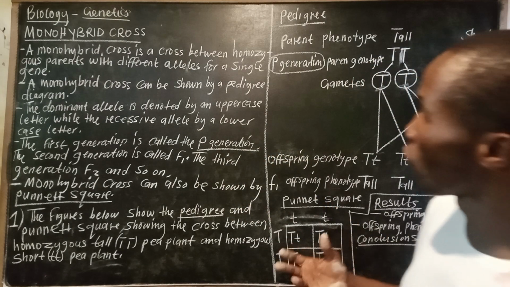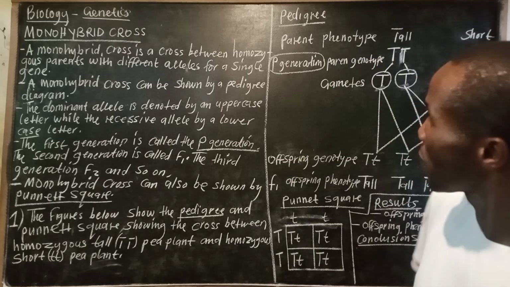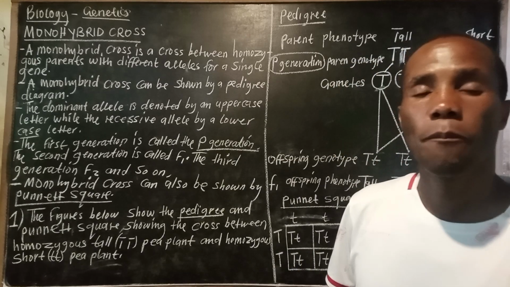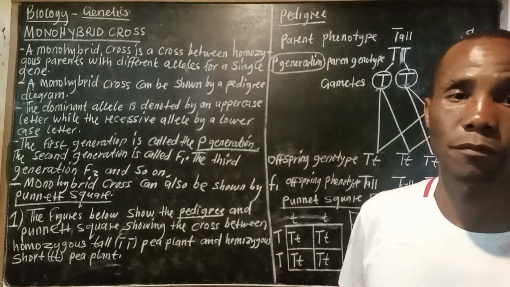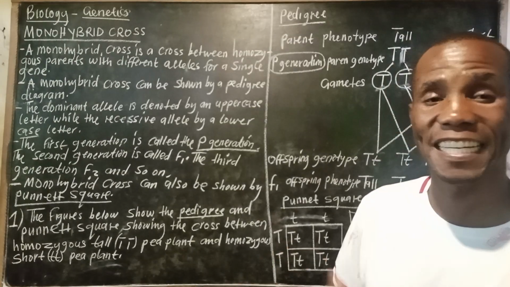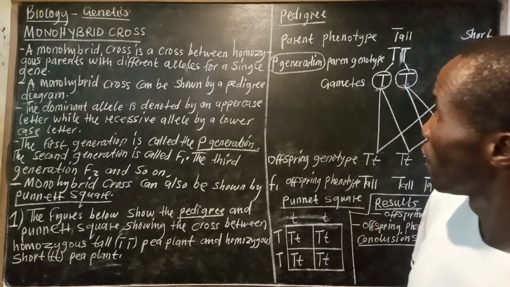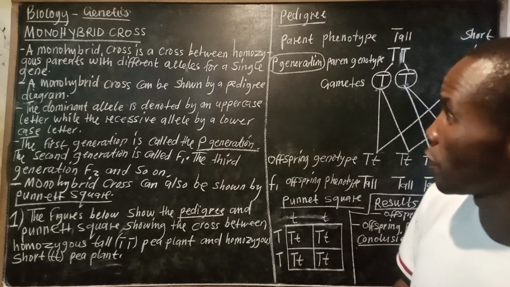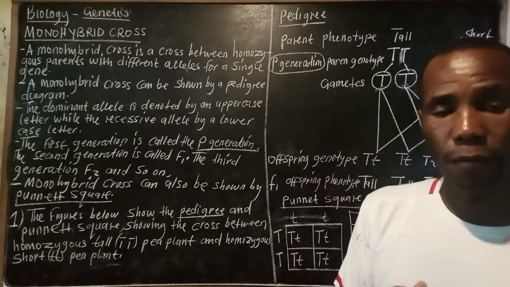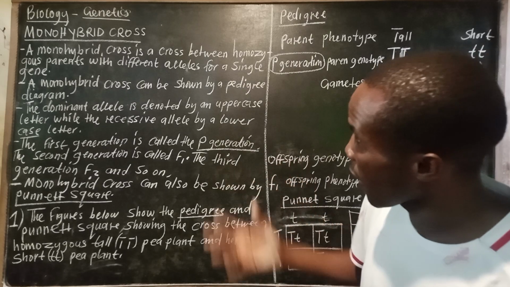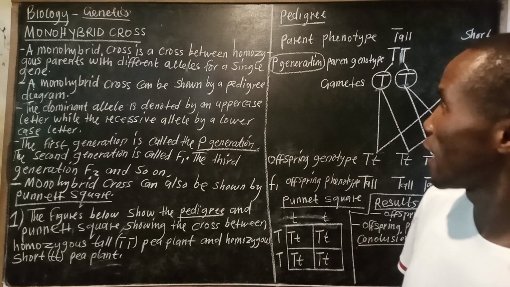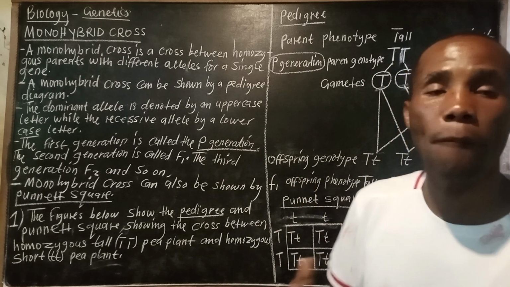A monohybrid cross can be shown by a pedigree diagram. The other name for pedigree diagram is genetic diagram. Then the other point: the dominant allele is denoted by an uppercase letter.